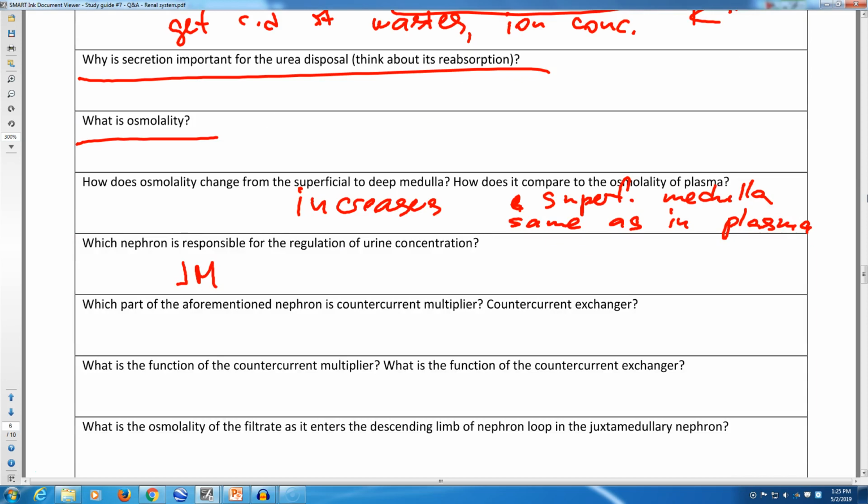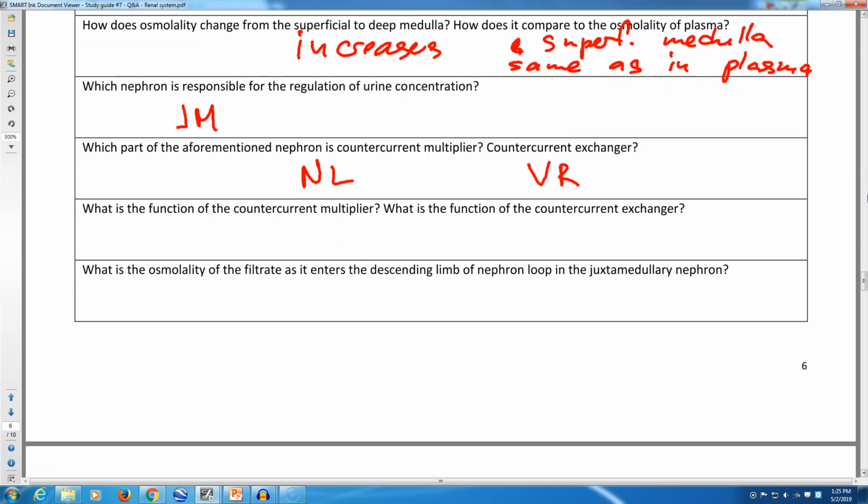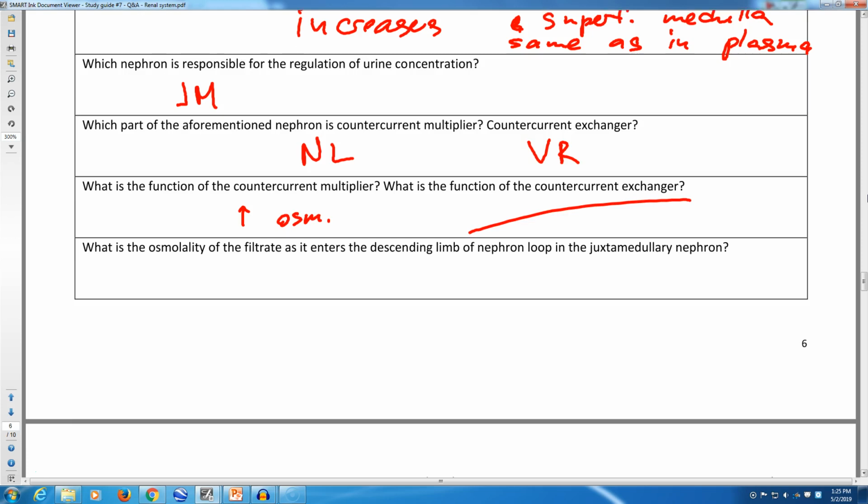Juxtamedullary nephron is responsible for the regulation of the urine concentration. Countercurrent multiplier is the nephron loop, exchanger is the vasa recta. The function of the countercurrent multiplier is to increase osmolality. The function of the exchanger is to take away water and reabsorbed ions.